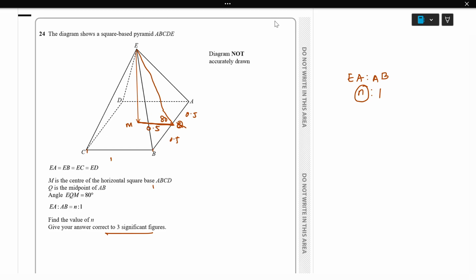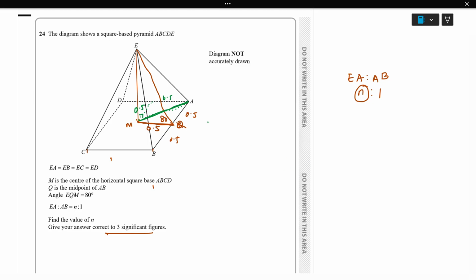My idea is to connect, because this is 0.5, this side also 0.5, here also 0.5. This becomes a square. So then I will draw a line here. Now this is going to be a triangle, so I can find this length. I need to find out AM, and I need to find out EM also.